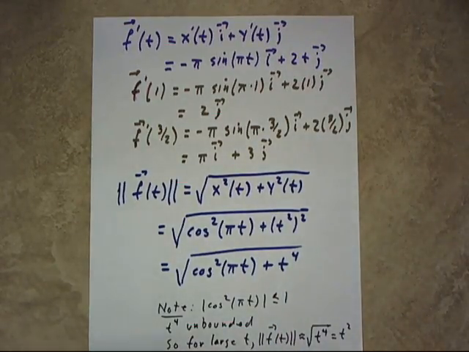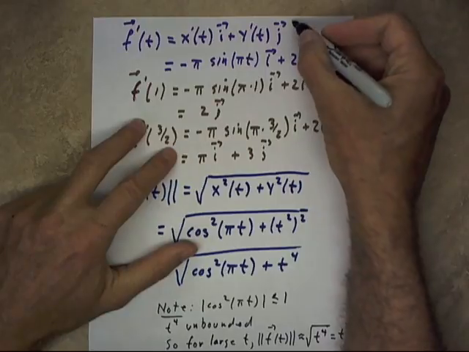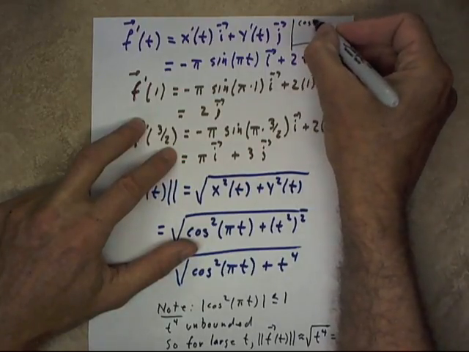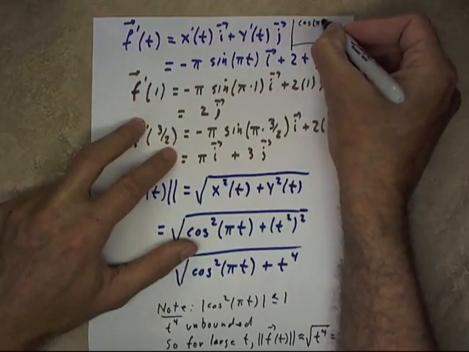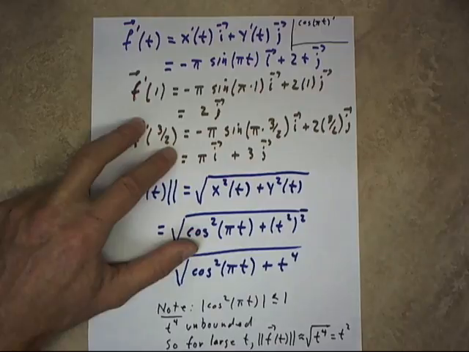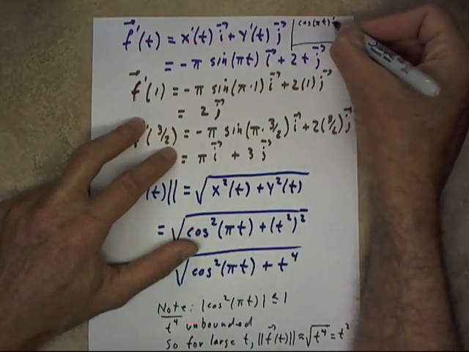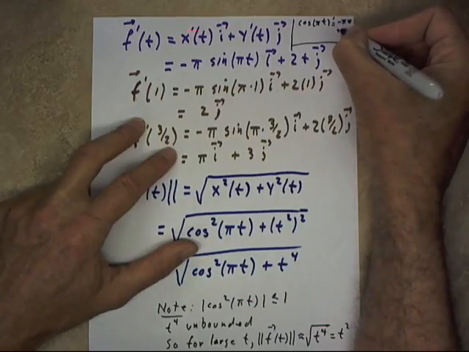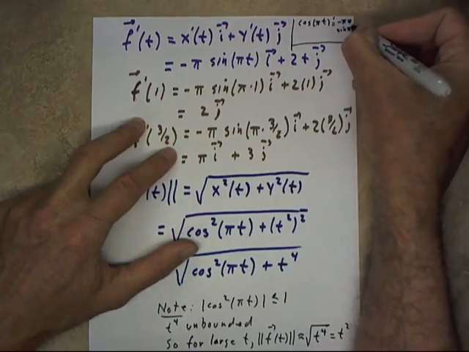And we might want to make a little note of that up here in the corner. Cosine of pi t prime, since I don't have a lot of room to write d/dt, is just negative pi times the sine of pi t.